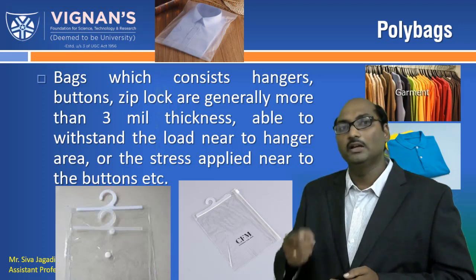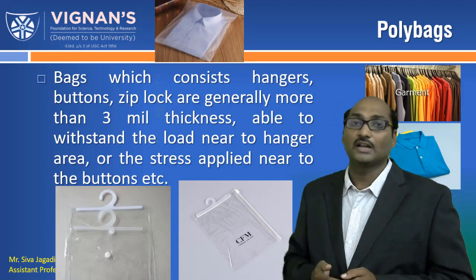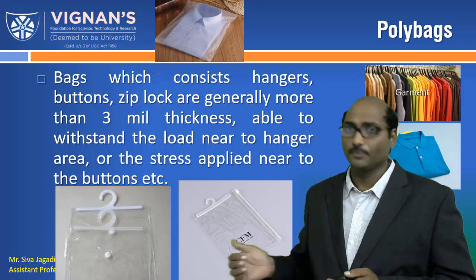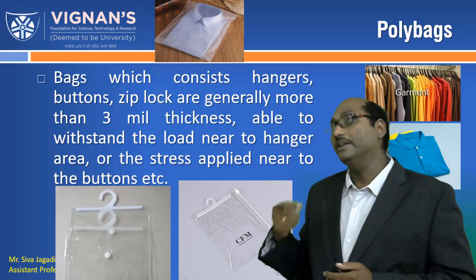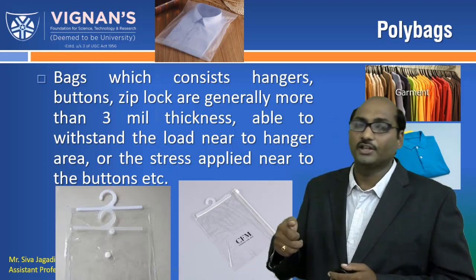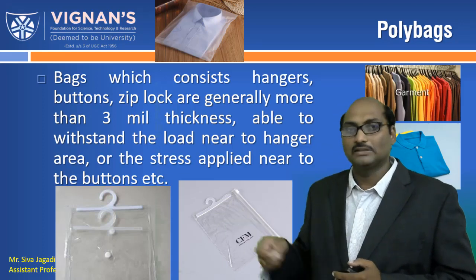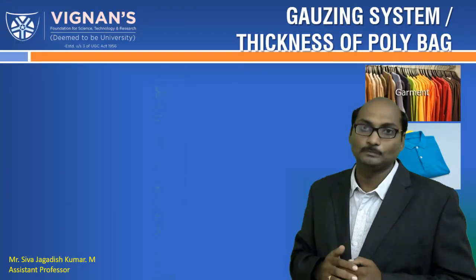Mil, gauge, thou: there are several ways to express the thickness of the bags. So a minimum of 3 mil thickness should be there when you are dealing with hangers, buttons or zipper pull bags. In those cases it is recommended.